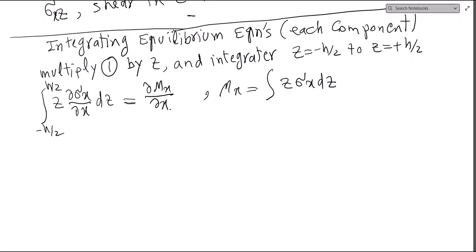Okay, and then for the next term, we multiply by z: the integral of z times the derivative of sigma xy with respect to y, dy dz.